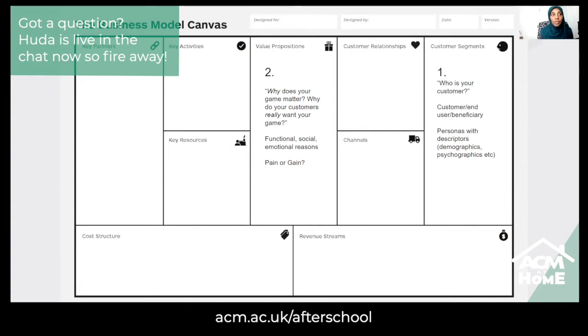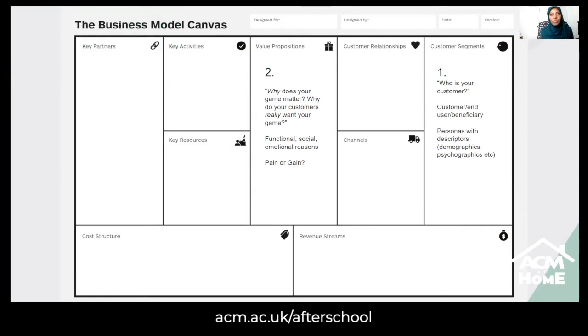Or because it's an educational game, so it's for intellectual reasons, or because it's actually gamification, which is another type of reason. Basically you want to know why it matters to them, and how you're going to sell to them as well. Pain or gain basically means, are you removing an obstacle from their way, or are you just taking something good and making it more awesome? That's basically what it is.